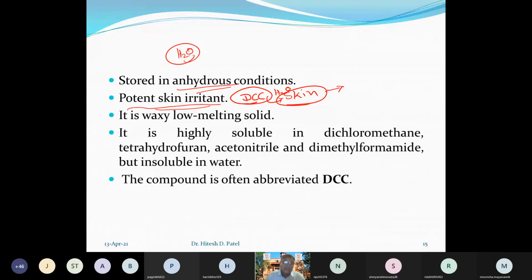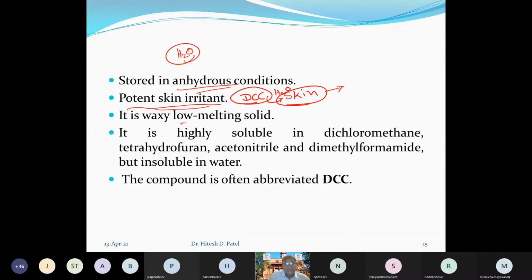That is, you will get irritation, itching will start, and it may damage the cells of the skin. Because it's a dehydrating agent, it will interfere with the water present in the cell. So it is known as a potent skin irritant compound.